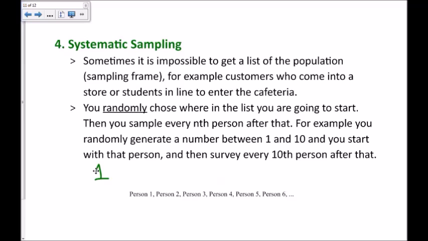Okay, the randomness in this method, now everyone always misses this point, is where you start. Don't miss that key component, because in every sampling method, in order to reduce bias, you have to have randomness in it, and you can't just start with the first one. You have to randomly choose where in the list you are going to start.